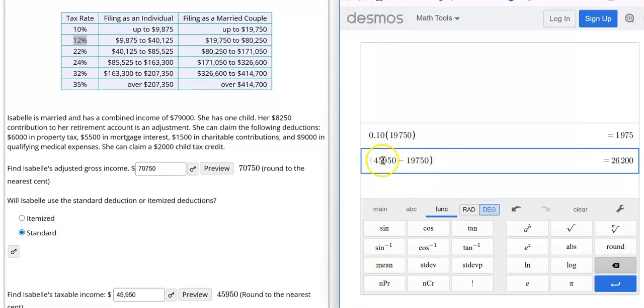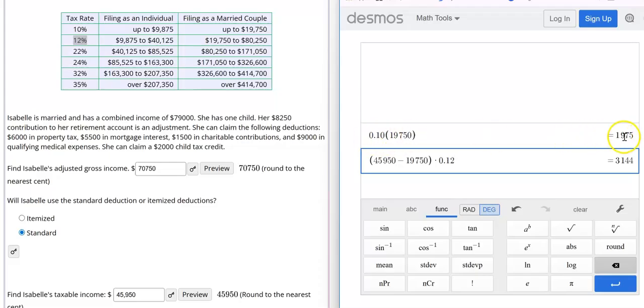You multiply this difference, which is $26,200, by 0.12, so that's $3,144. She has two different taxes we have to add.